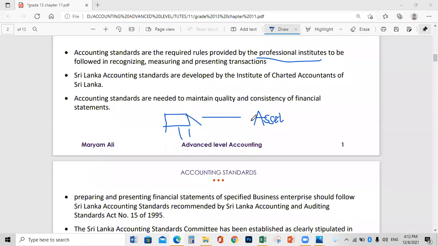Presenting means how you are going to record it in your financial statements. You will record this asset in the statement of financial position under the heading non-current asset. That is how these standards help you to recognize, measure, and present transactions.